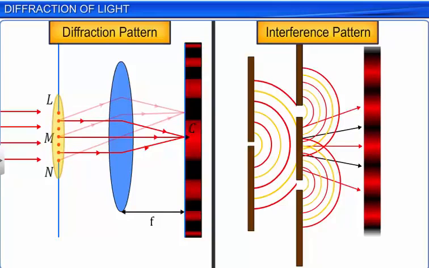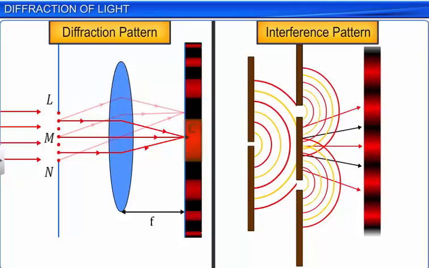The interference pattern has a number of equally spaced bright and dark bands, but the diffraction pattern has a wider central bright maximum. The intensity of the successive maxima decreases as we move away from the central maxima on either side.